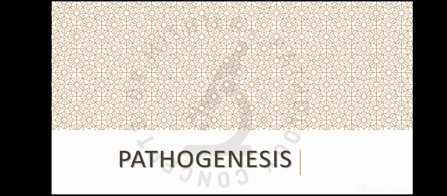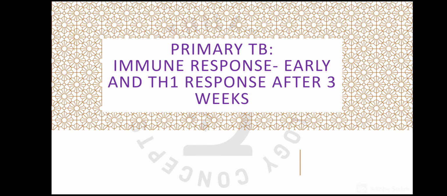Now we come to the important aspect of tuberculosis, that is the pathogenesis of tuberculosis. When we talk about primary tuberculosis, that is when the infection comes in an unsensitized and unexposed individual. The immune response is divided into two phases. One is the early phase response, and then there is a subsequent T helper 1 response, which usually comes after 3 weeks.